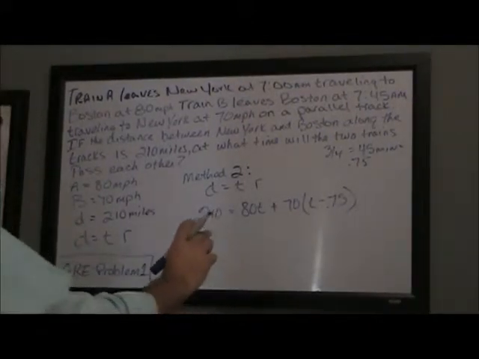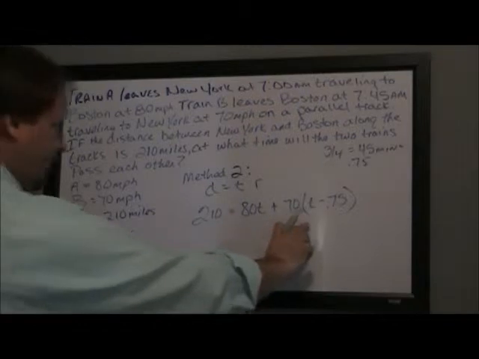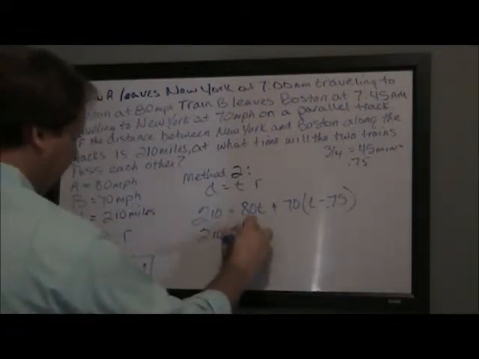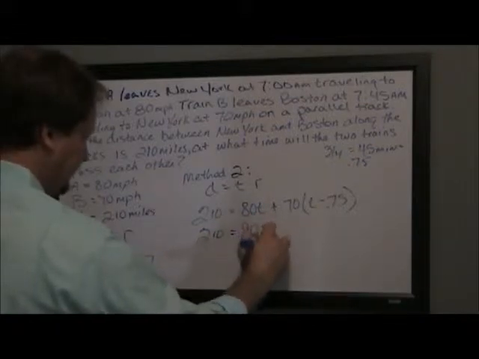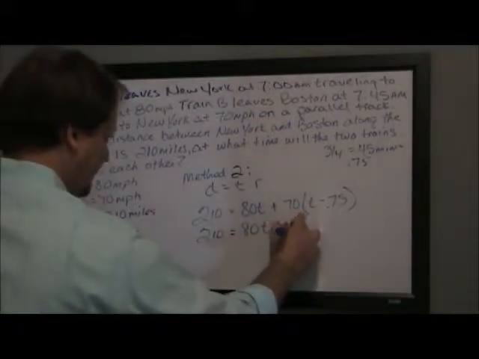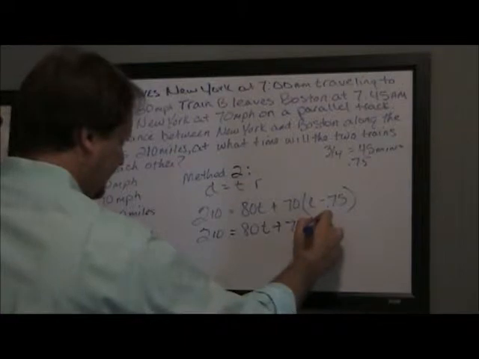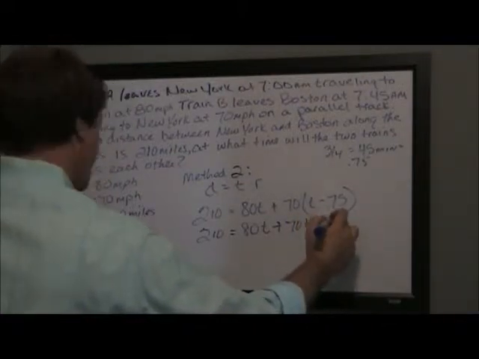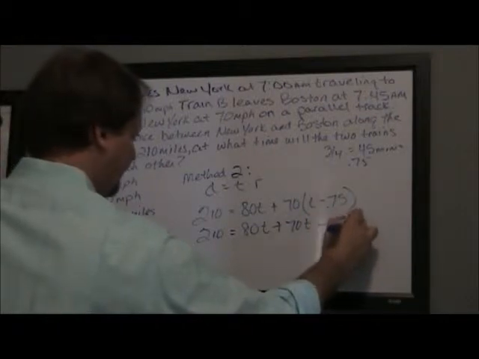So what we're going to do is we're going to take this out. So we have 210 equals 80t, train A, plus 70 times t minus 0.75, which is 52.5.